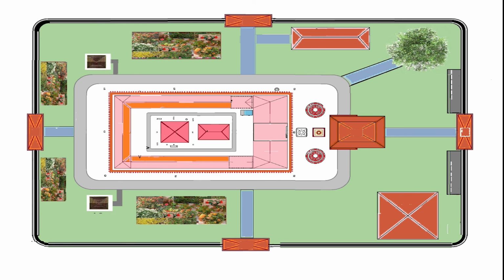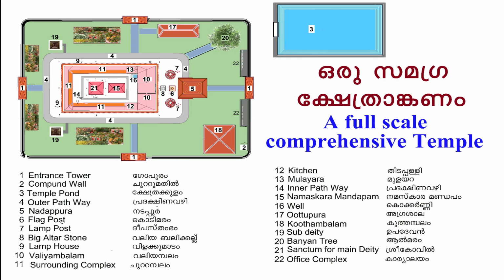This room is used for sprouting various grains in 16 pots, which will be used for the annual festival and other special rituals. A separate room can be used for distribution of prasadam, preparation of flower garlands, storerooms and strong rooms, etc.